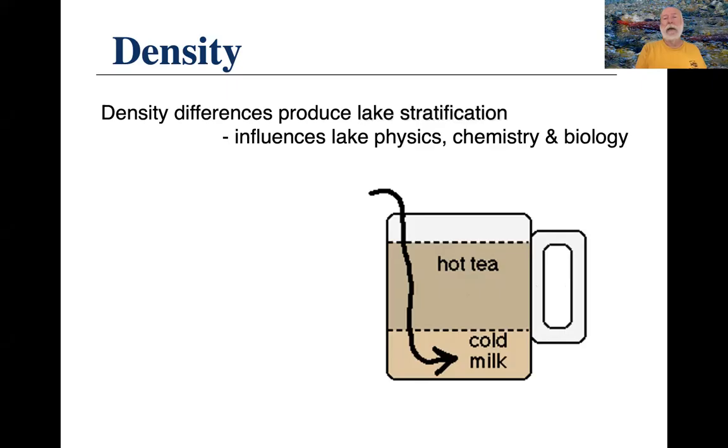If you take a mug of hot tea and add a bit of milk, the cold milk has a higher density than the tea, so it will tend to sink down and settle out at the bottom. There's enough difference there that we can see some stratification appear in our mug.